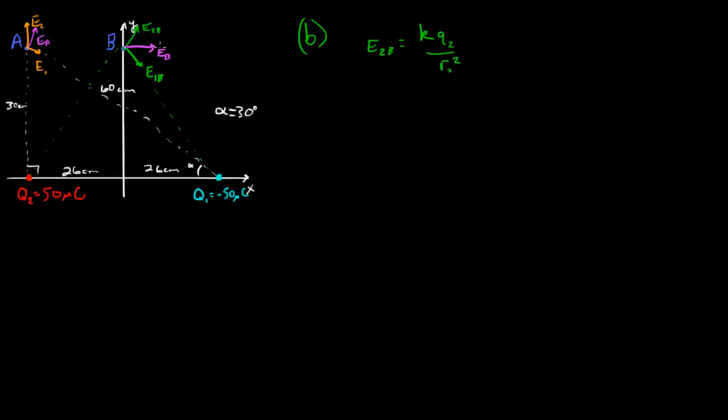Okay, let's write this down. We've got 9 times 10 to the 9th. Oh boy. And now the distance is given as 0.4 centimeters. Okay, so Q2 is 50 times 10 to the minus 6.